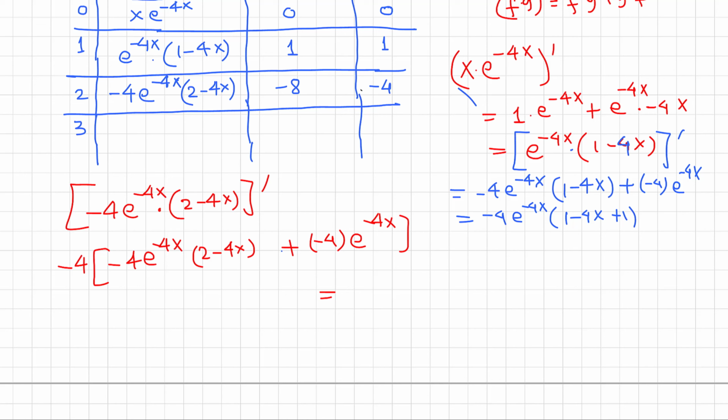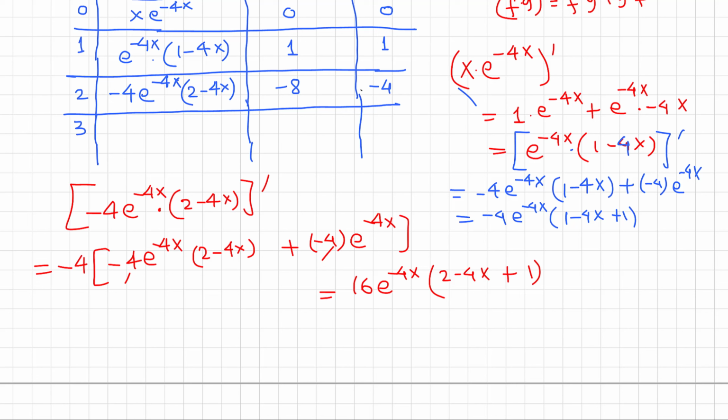And we can pull negative 4 outside and multiply with negative 4, so that's positive 16 e to the negative 4x outside. So 2 minus 4x plus everything's outside 1. So this is 3 minus 4x.